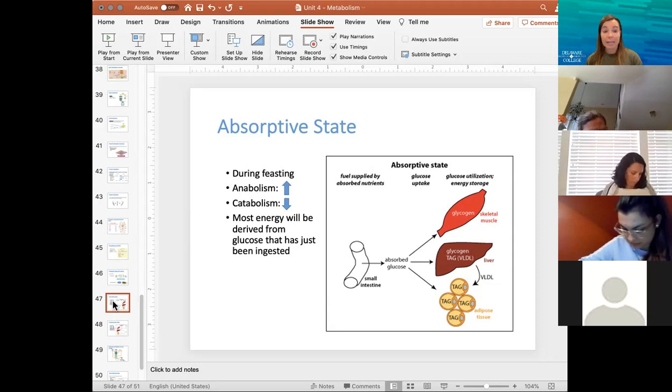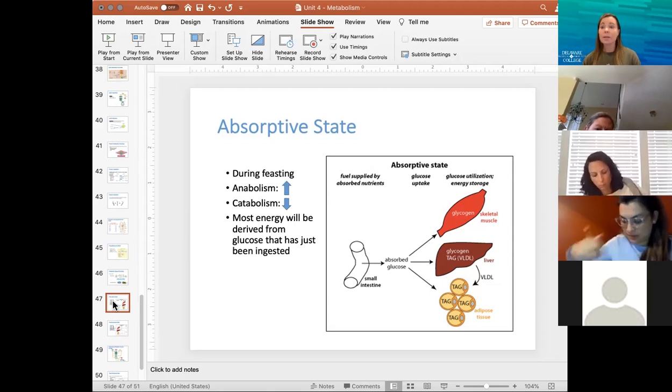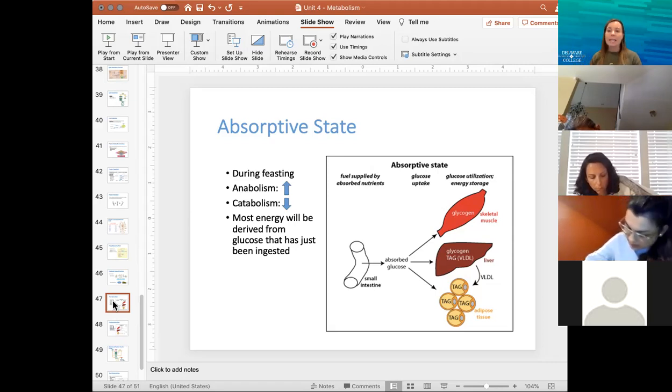At this point, if you've just eaten, the primary source of energy would be what type of nutrient? If you have all three available to you, what's the main one that you would use for energy? Carbohydrate. Good, yep. So the main source of energy would be carbohydrates, specifically glucose, because any carbohydrate can be easily turned into glucose.